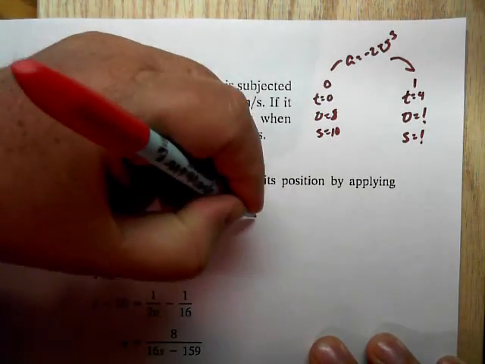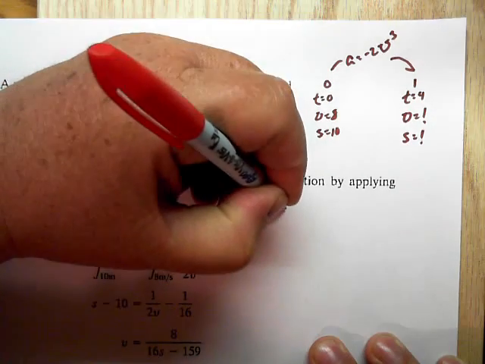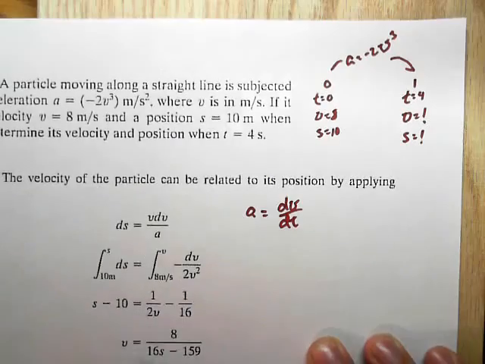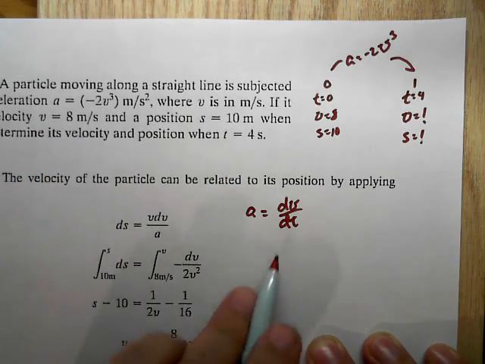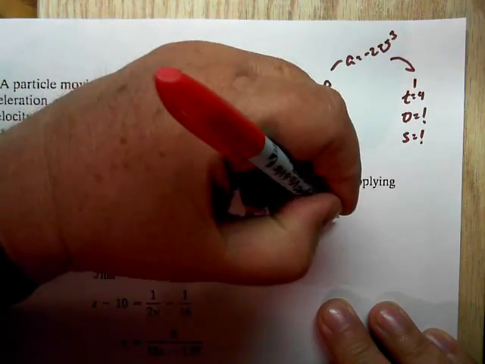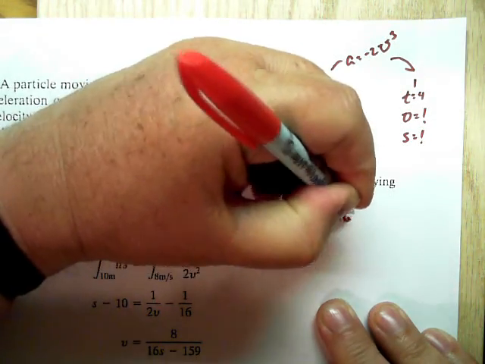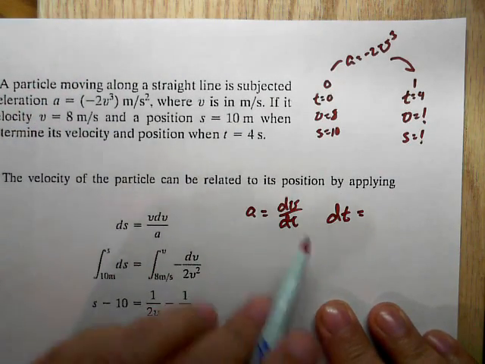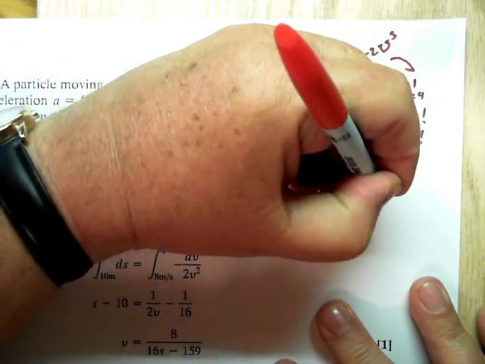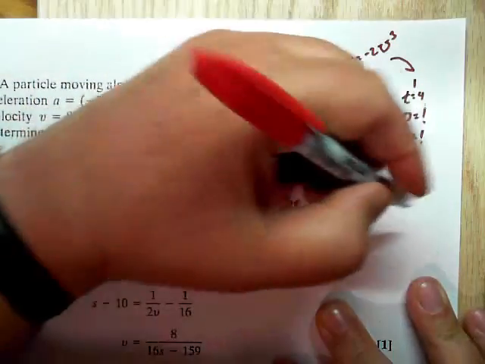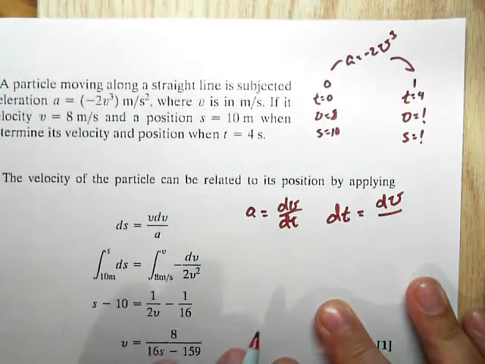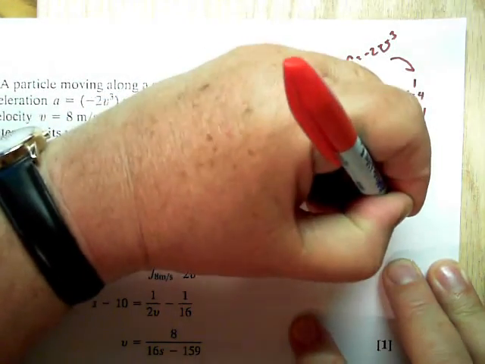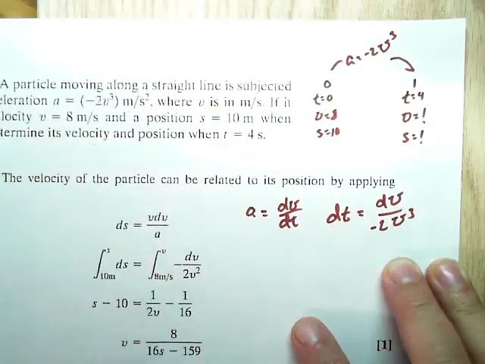by writing a equal dv by dt. And we have a as a function of v, so we would rearrange this and package this as dt is equal to dv over a, bringing a to the other side, but a is equal to minus 2v cubed.